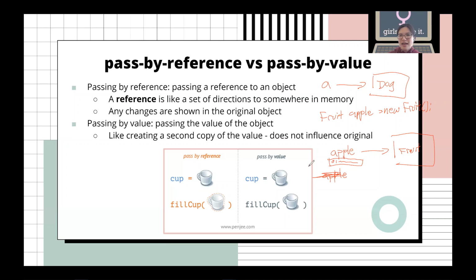On the other hand, there are primitive values. Like if I have boolean x equals true, I'll have a variable x, but instead of pointing to anything, it'll actually store a true value, so a 1.